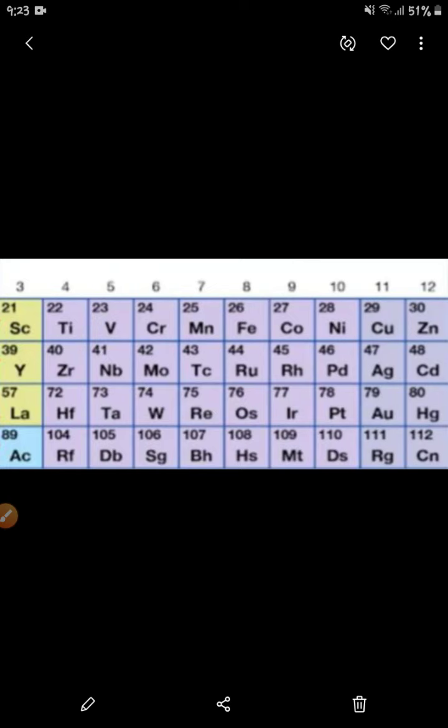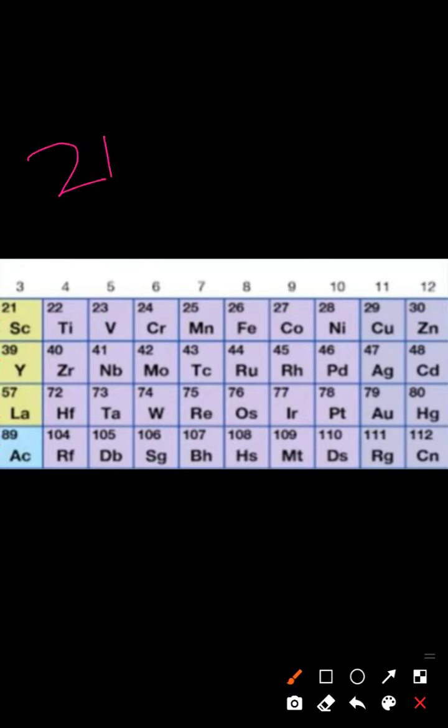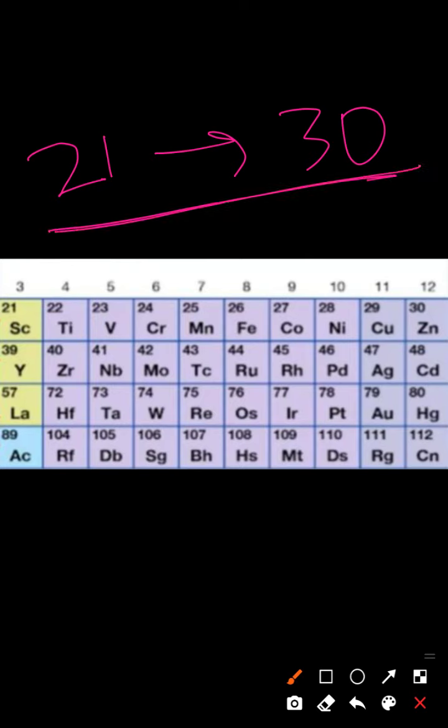One of the tricks I can tell you is a funny Hindi sentence, but if you understand it and learn it, it would be easy for you. You also need to remember the atomic numbers: it starts from 21 and ends at 30. This is the 3d series.